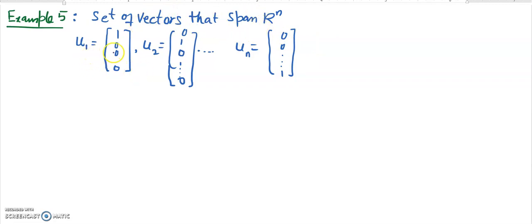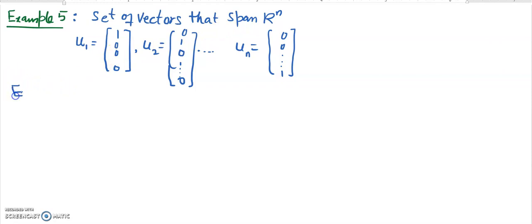If we add all these vectors together, we will get a vector which will be in Rn. Even if we multiply these vectors with some scalar values, we will still get an n component vector that is in the span of Rn.